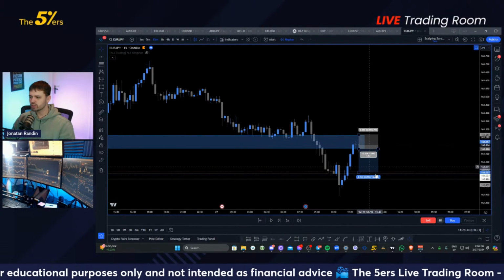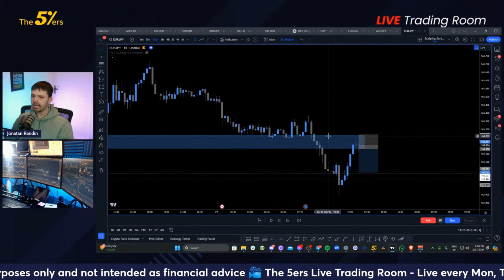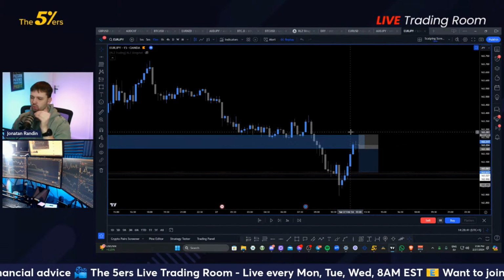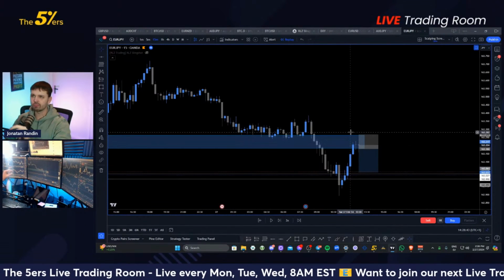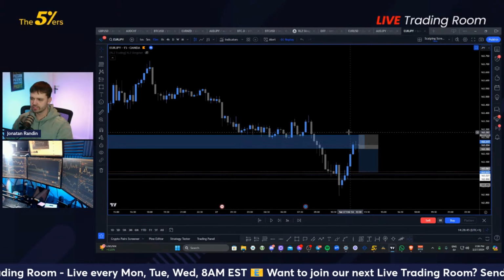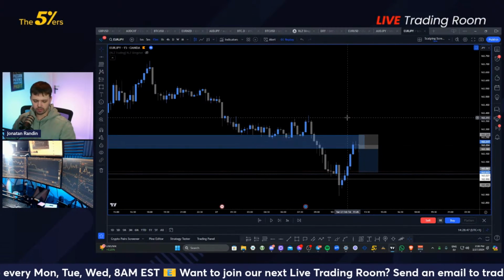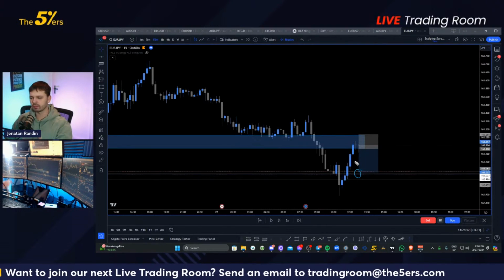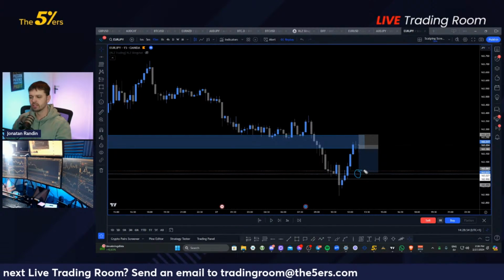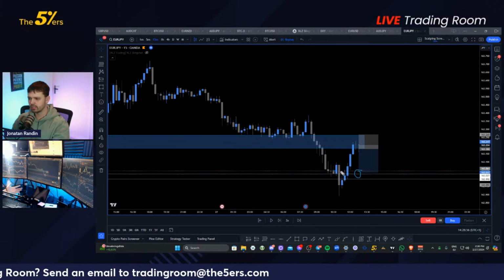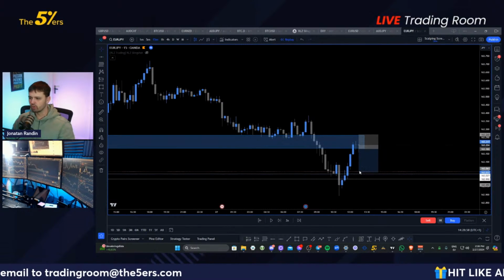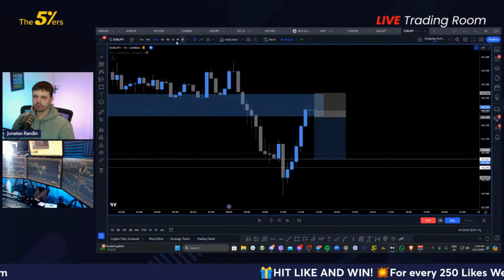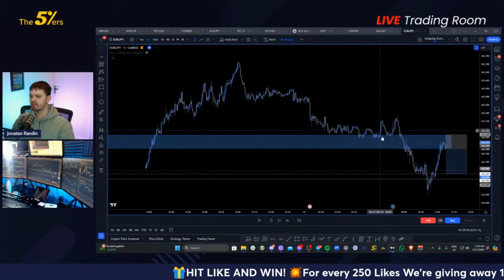So you want to make sure that you TP at the first trouble area. Where is the closest area to current price where we expect price to run into trouble, if you will? Obviously this would not be resistance, this would be support because we're shorting. But where is price going to run into trouble getting through? I think that's going to be here. So we want to put our TP level right here. That's going to be a 1.75R trade.